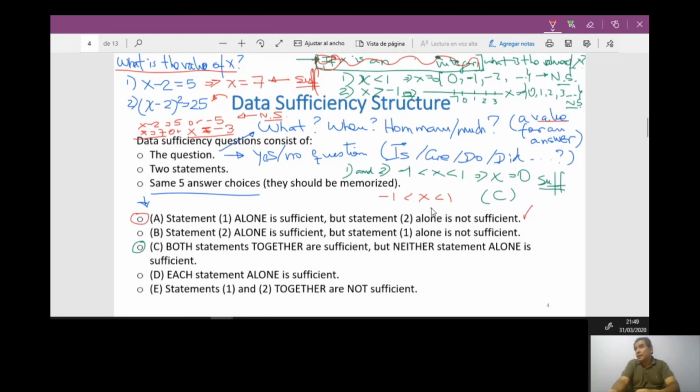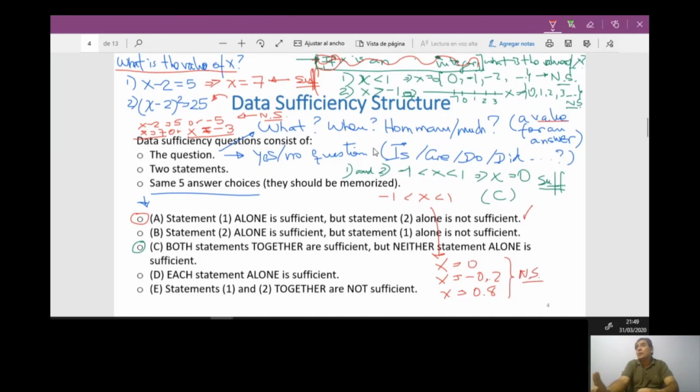For example, X could be a number like 0, but X could also be -0.2, could be 0.8, etc., etc. So you don't have a single value now. You have many possible real values for X.